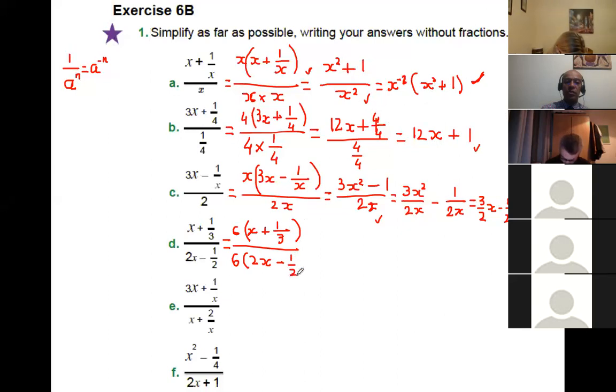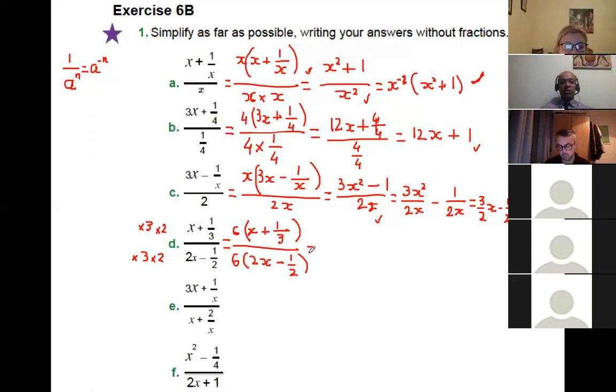Again, we need to close the bracket. So what I've done is I've multiplied by 3, both top and bottom. That got rid of the 3 at the top, but I need to multiply by 2 again to get rid of the fraction inside the denominator.